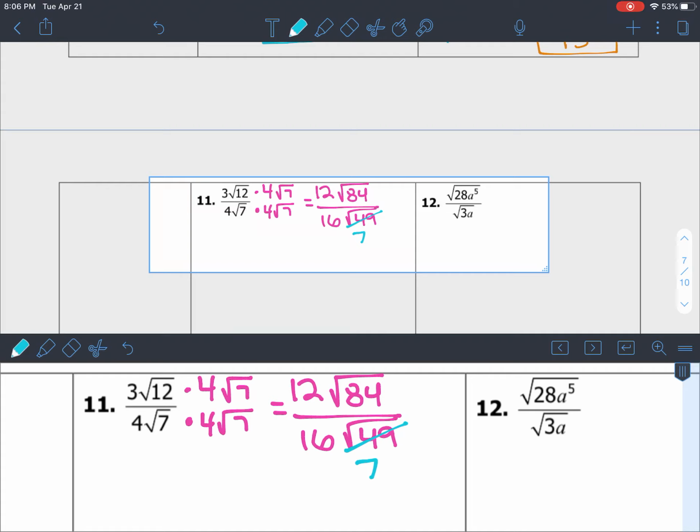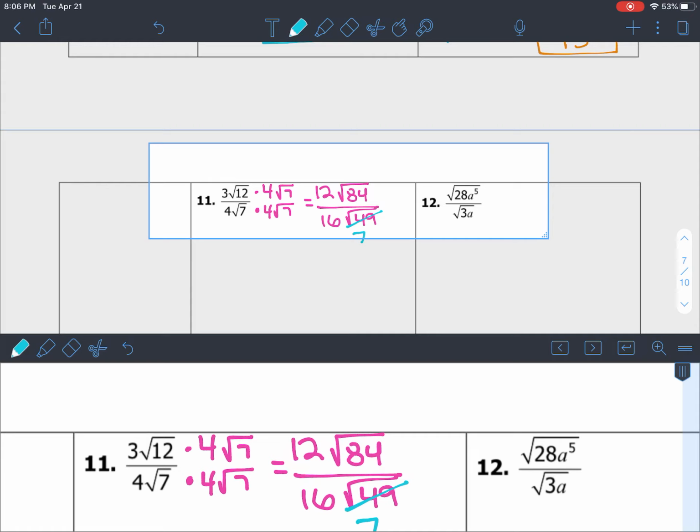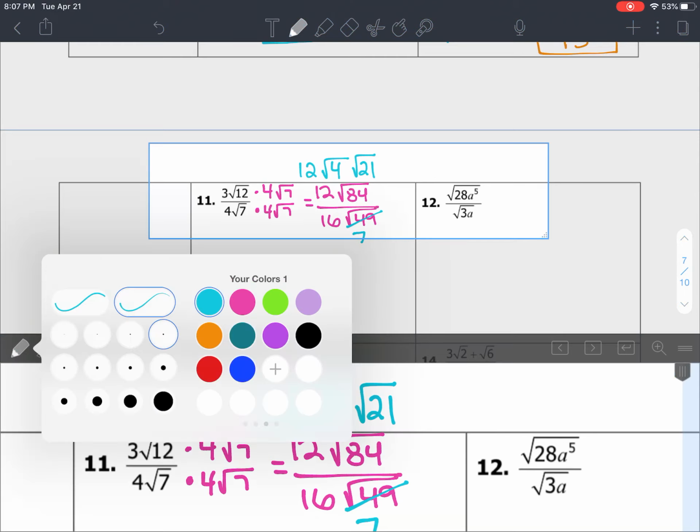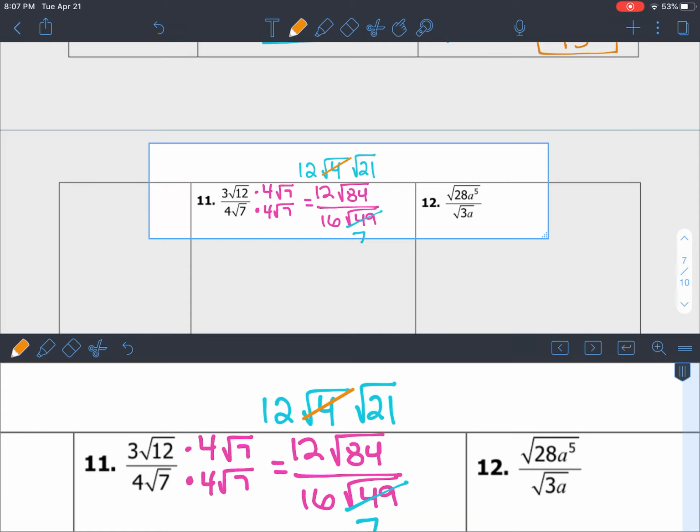And then we need to think about the square root of 84. What is a perfect square that goes into the square root of 84? So nothing's going to happen to that 12 out front. 84 can be broken down into the square root of 4 and the square root of 21. So from here, I can look at this like the square root of 4 is 2.